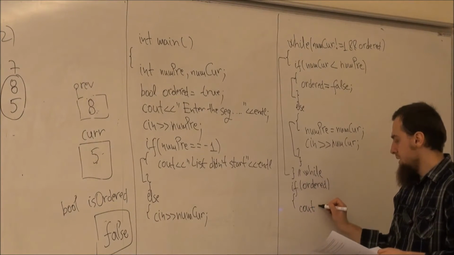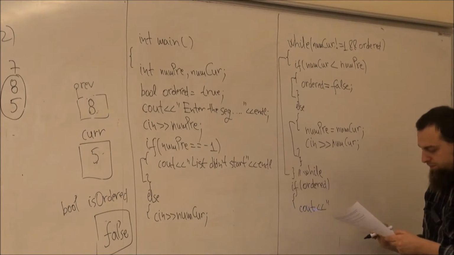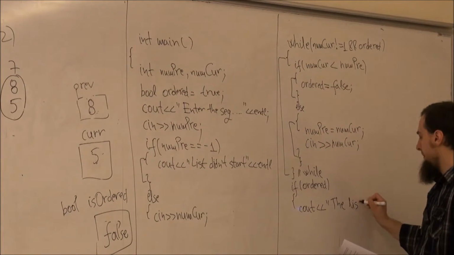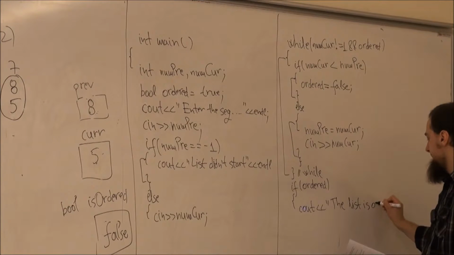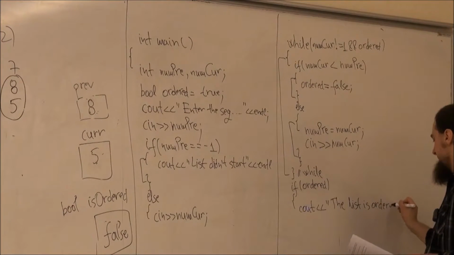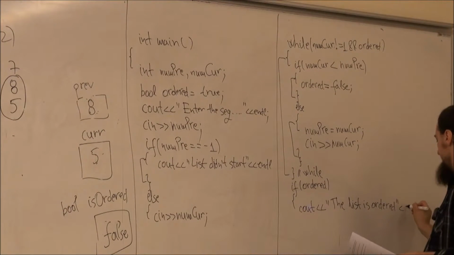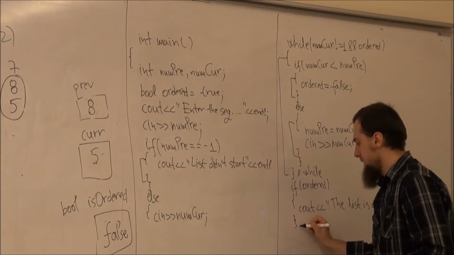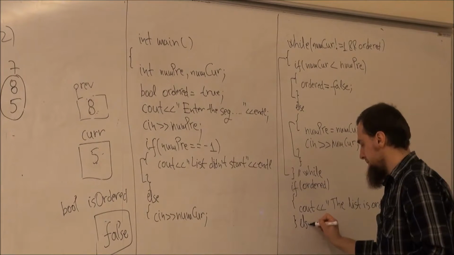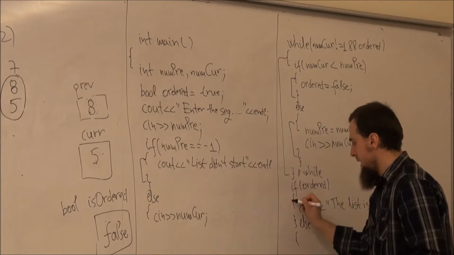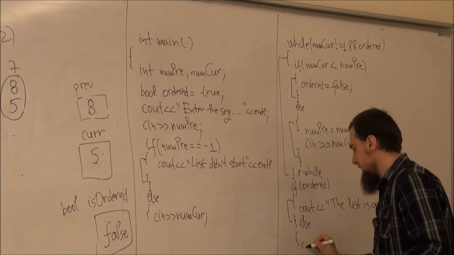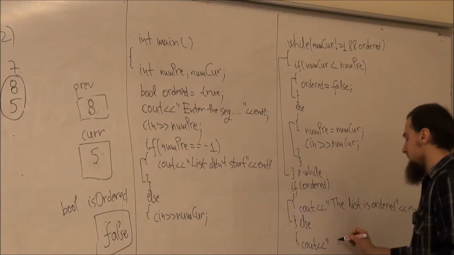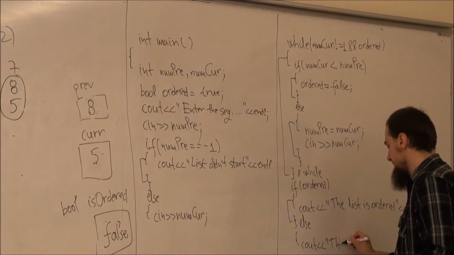cout, the list is ordered. Otherwise, else, cout, the list is not ordered.